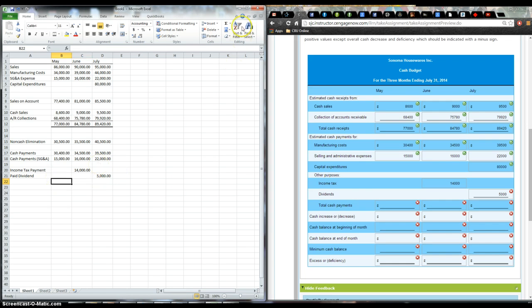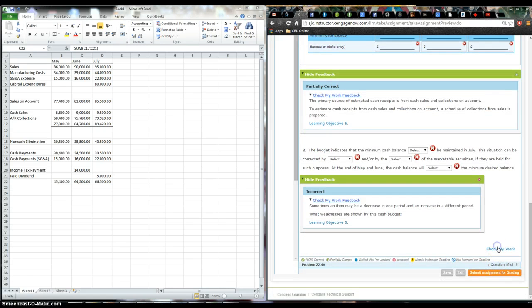Now let's figure out what our total cash payments are. I'll do sum there. So these should be our total cash payments: 45,400, 64,500, and 66,500. Let's make sure that we are still on track here.